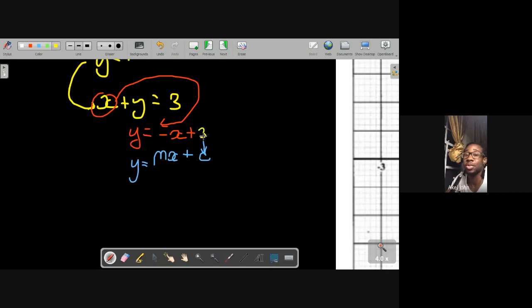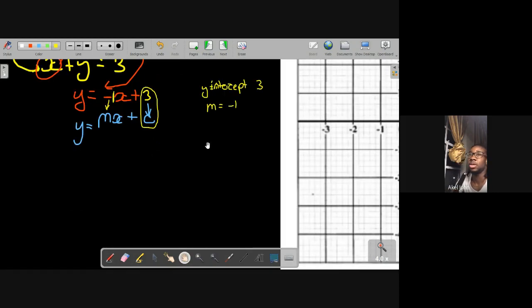Which one do you think would be the y-intercept? Well, it would be the 3, right? It lines up perfectly. So we know the y-intercept is 3. Therefore, the gradient would be negative 1. So the gradient for the line x plus y is equal to 3 is negative 1.